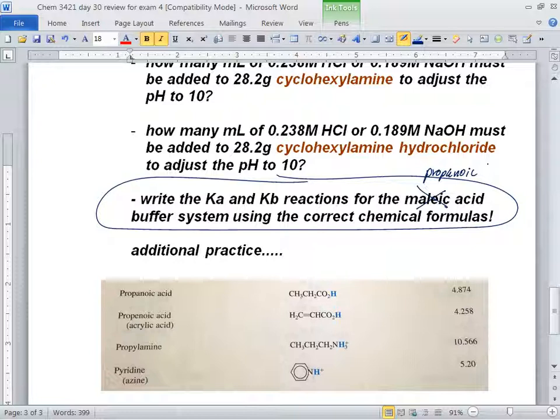Write the Ka reaction and the Kb reaction. See the trick? Pretty much just identify the conjugate acid, write a Ka reaction. Identify the conjugate base, write a Kb reaction. That's all it's really asking you to do.